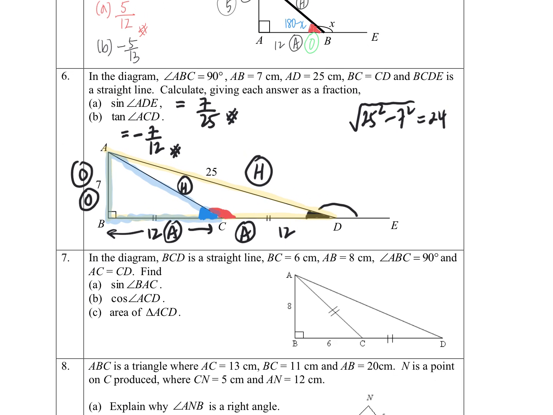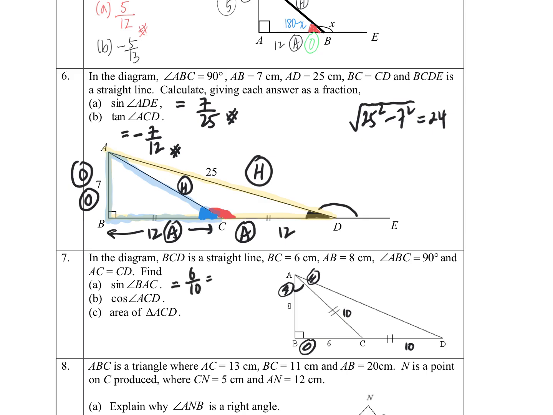Okay, next one. BAC. This angle. So H, A, O. So acute, no problem. What is the sine ratio? 6. Oh, this one is 10 for your info. 6 over 10.